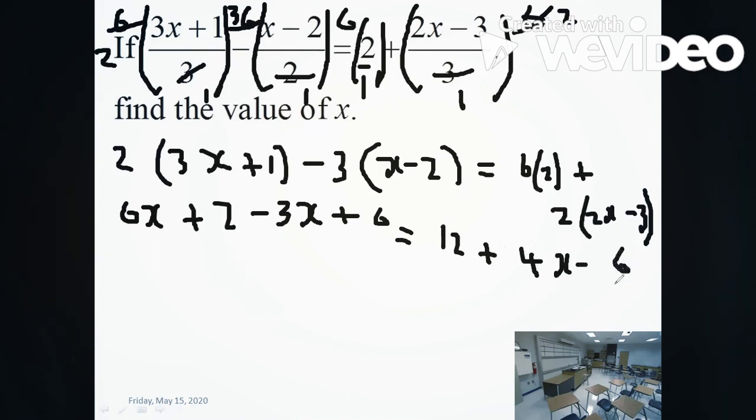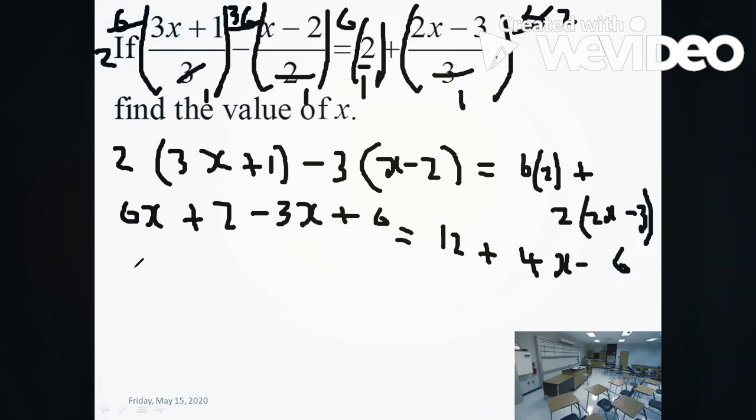All right. So what we're going to do is group the x's. Because of space, I'm going to save some time. So we realize that these x's can work out because they're like terms.